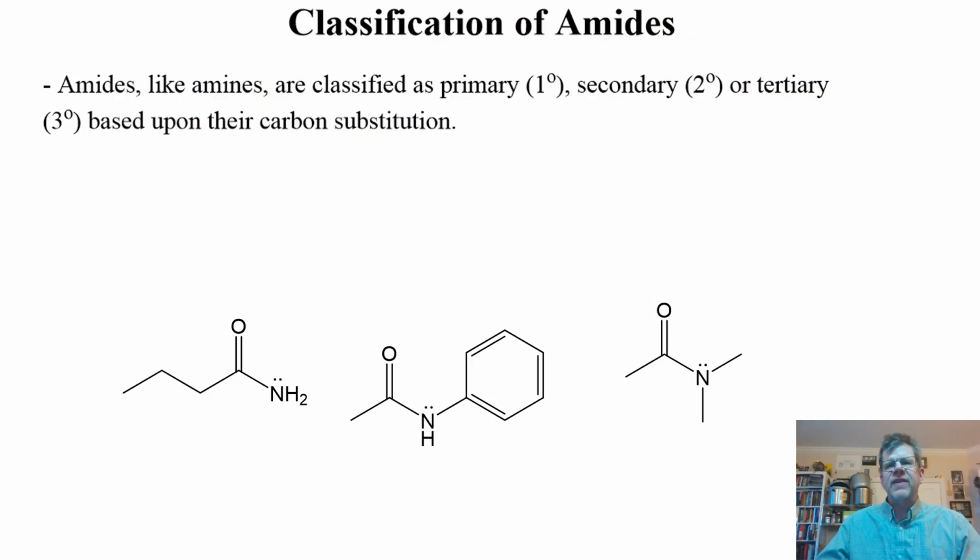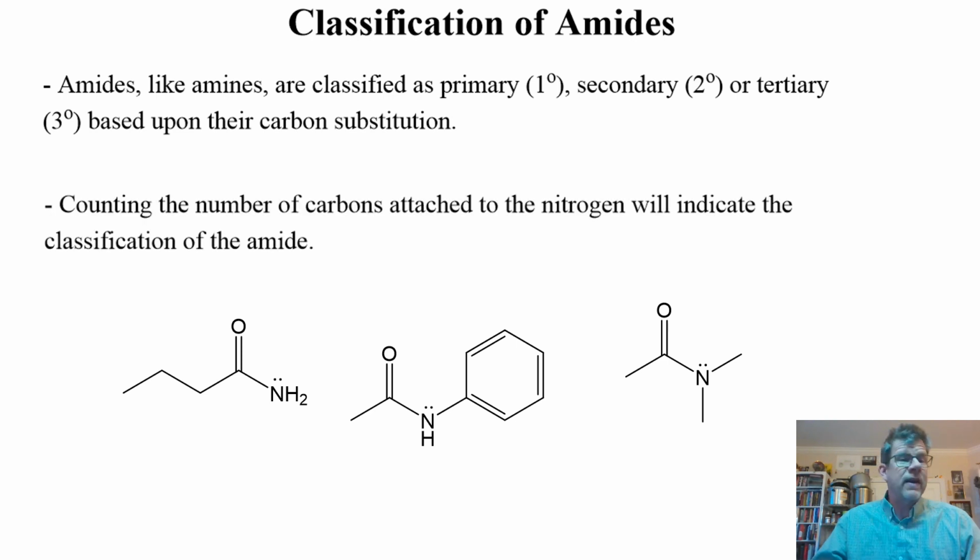We can also classify amides, remember, just like we did with amines. And with amides, we are able to carry out this classification just as easily as with amines. Remember, classification is either primary, secondary, or tertiary. So just like with our amines, if we literally count the number of carbons that are directly covalently bonded to the nitrogen, that will be the classification of the amide.